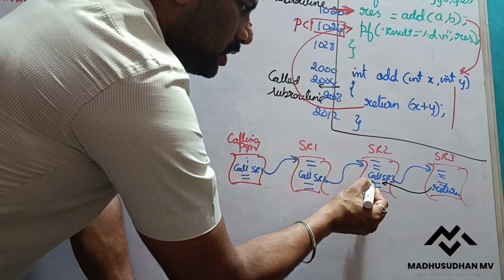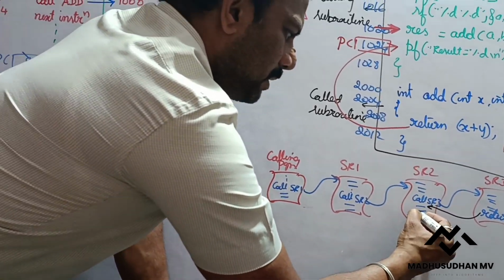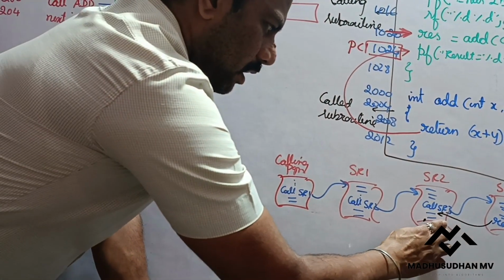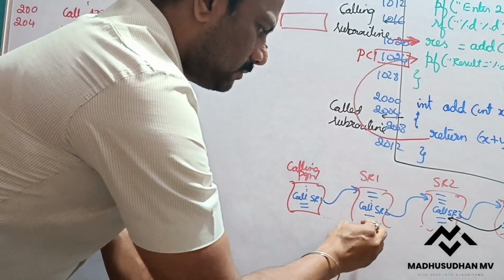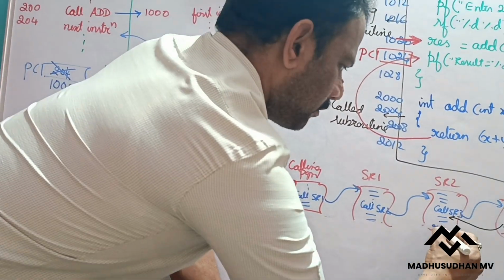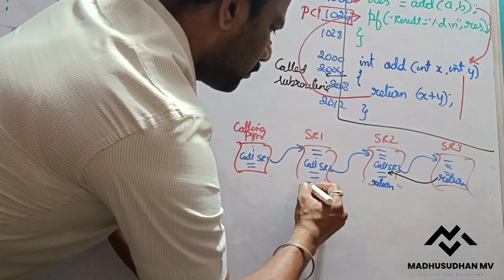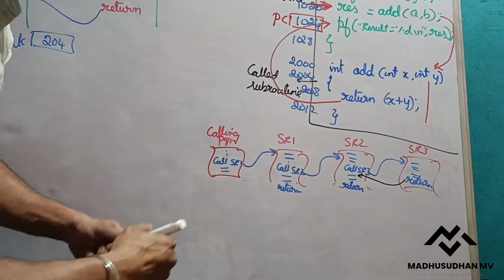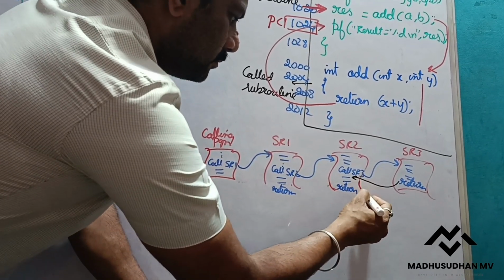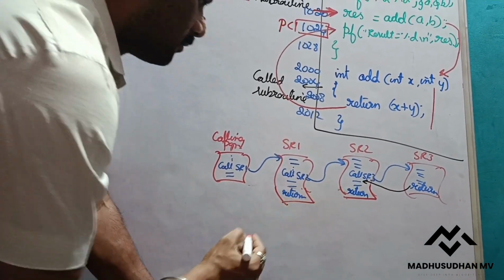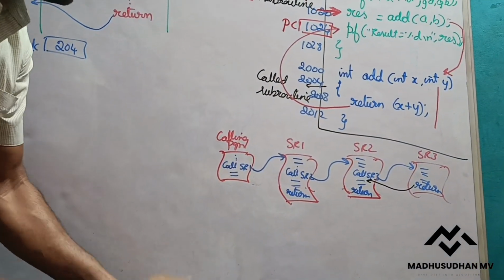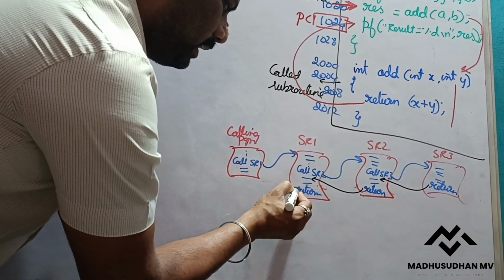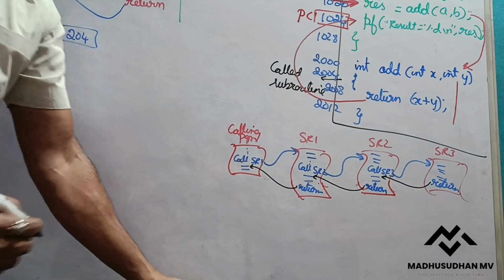Assume this is my last return statement, and after that all return statements are there. When it returns, it has to return exactly where it was stopped earlier. Now again this will go back to here.